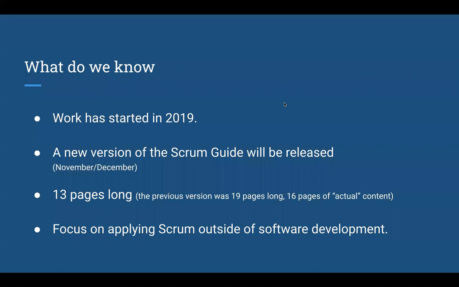We also know that it will be a few pages shorter. This time it will be only 13 pages long. The current version of the Scrum Guide was about 16 pages if you subtract the first page and the last pages or something like that. So it will definitely be much shorter. And it seems that it will be refocused, not to concentrate so much on software development.